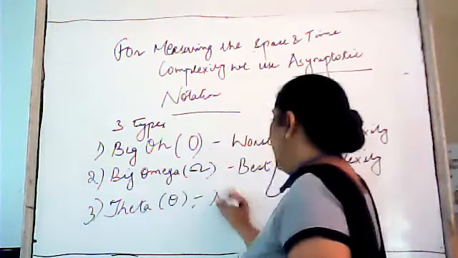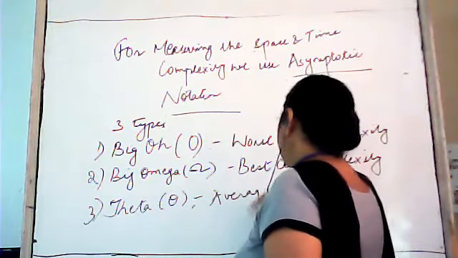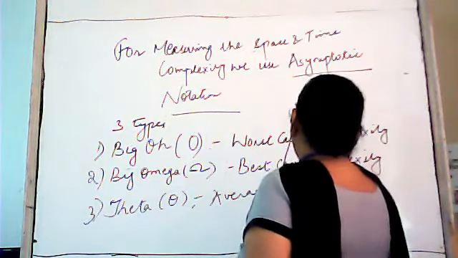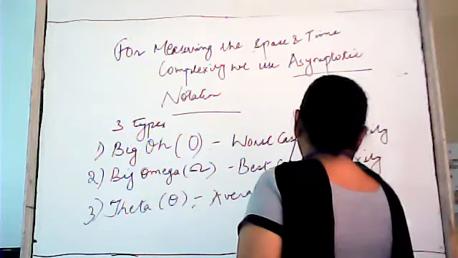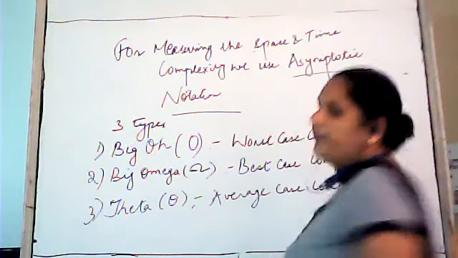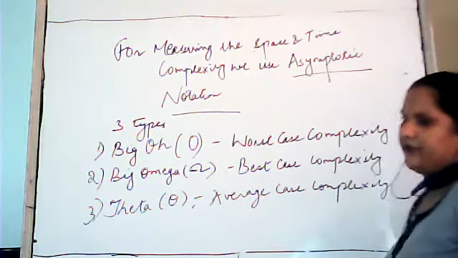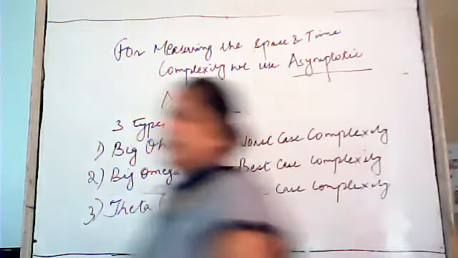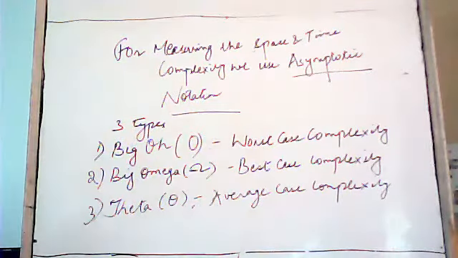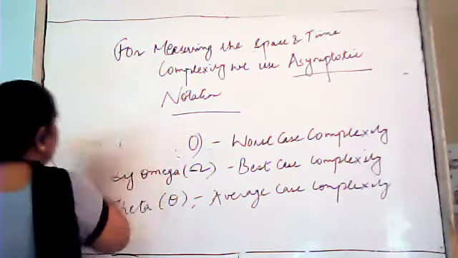That is average case complexity. Right? So this is worst case, this is best case, and this is average case. I'll try to explain all these three with the example of an array. Then we will go to the technical part.